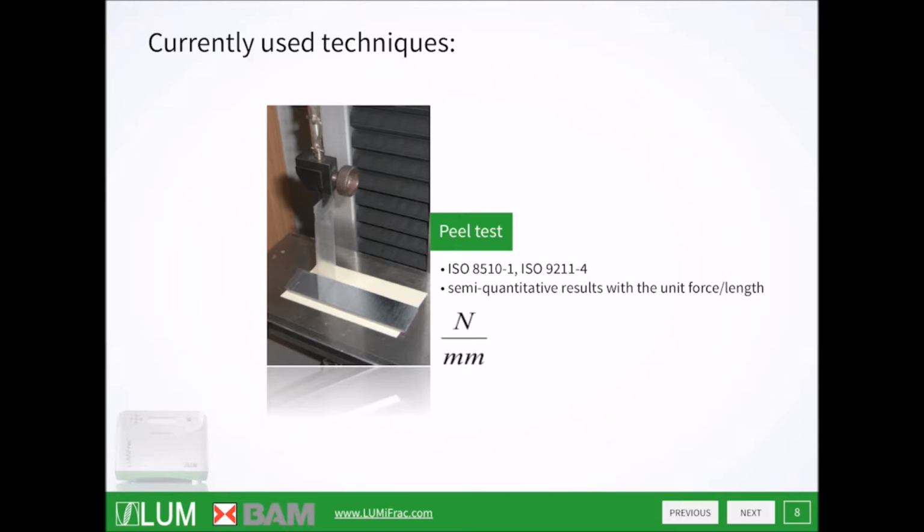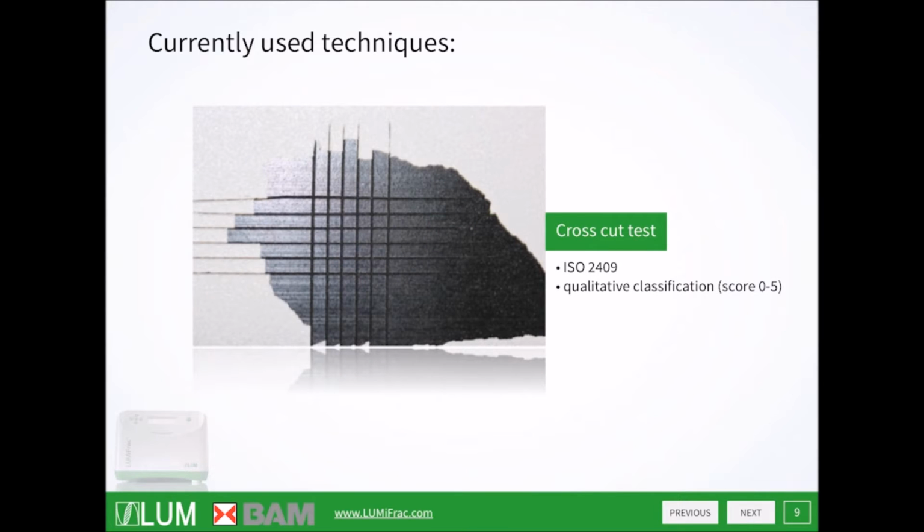It meets the ISO standards 8510 and 9211. Among plenty of qualitative tests, the cross-cut test or cross-hatch test may be used for evaluation of adhesive strengths of coatings and varnishes. It meets the ISO standard 2409.